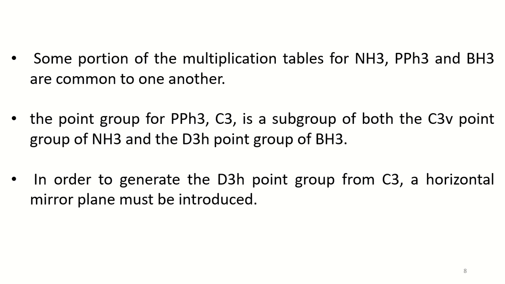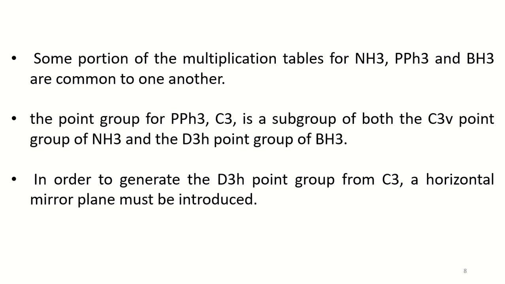In order to generate the C3v point group from the C3 point group, a mirror plane must be introduced. Without a mirror plane, we are unable to generate the C3v point group instead of the C3 point group, because of the rotational symmetry of the C3 group: once one mirror plane is introduced, a set of three mirror planes is required.